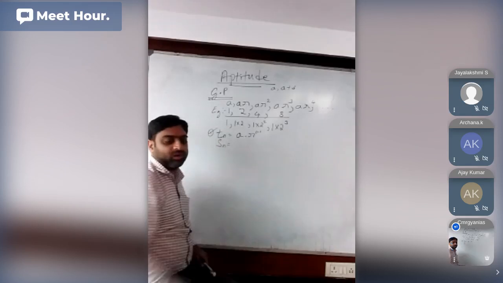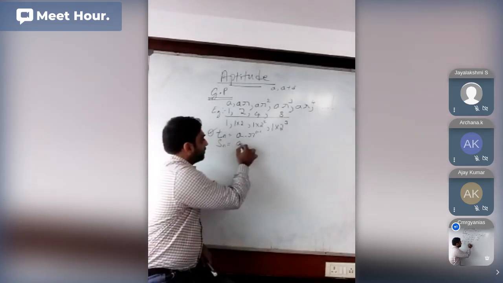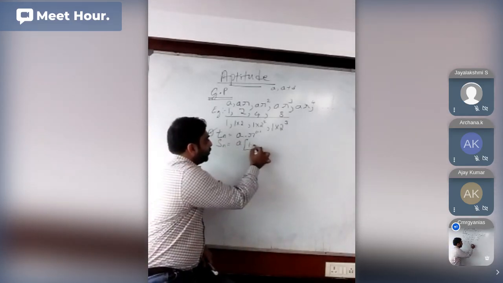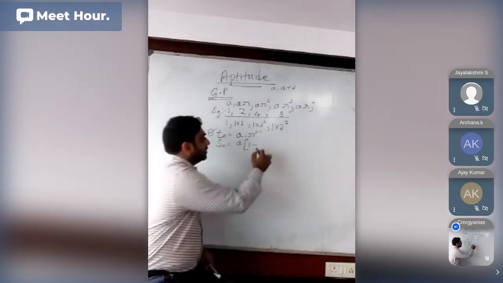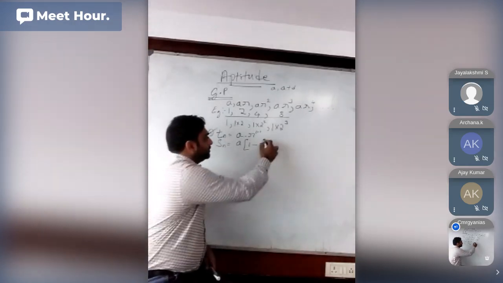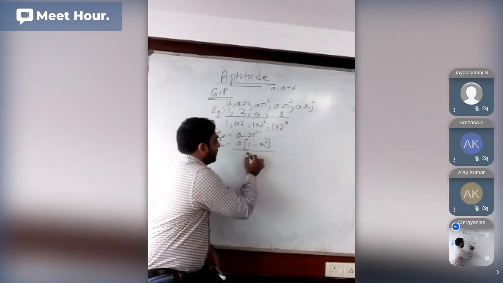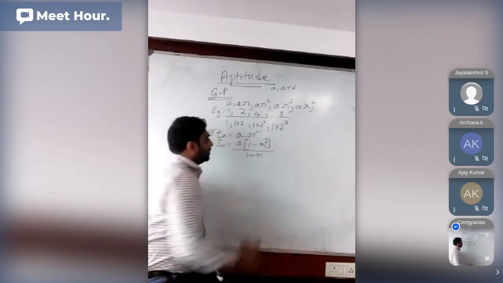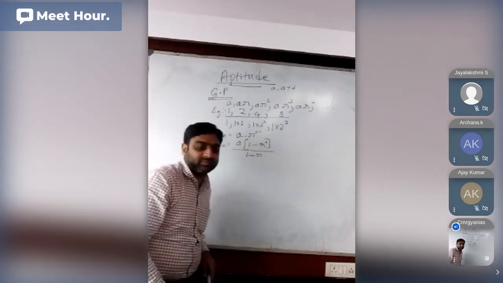S of n is equal to a into 1 minus r to the power n divided by 1 minus r.